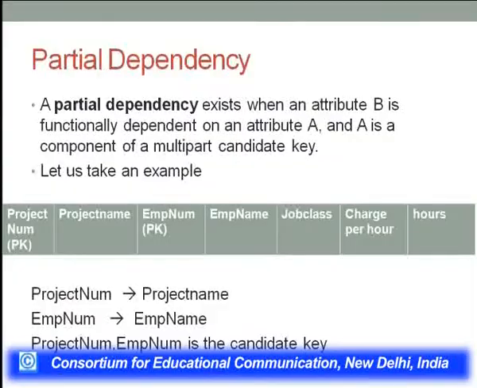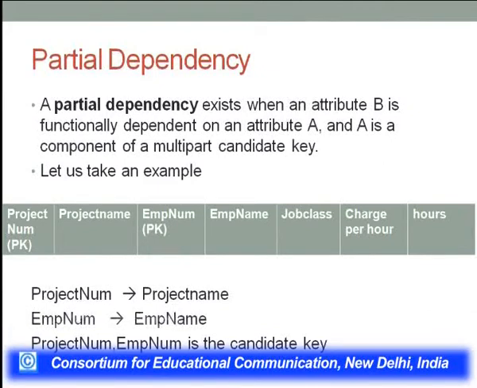So, the diagram here also shows another example where we see there are two elements in the primary key. One is project number and the other is employee number, and we have other non-key attributes like project name, employee name, job class, charge per hour and hours. In this case, project number determines project name and employee number determines employee name.